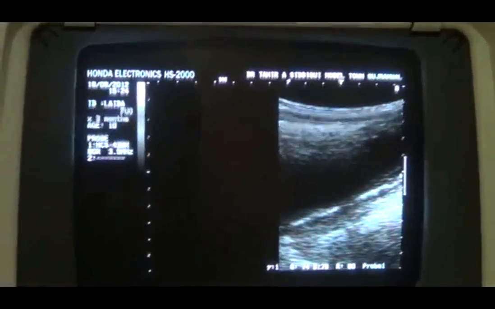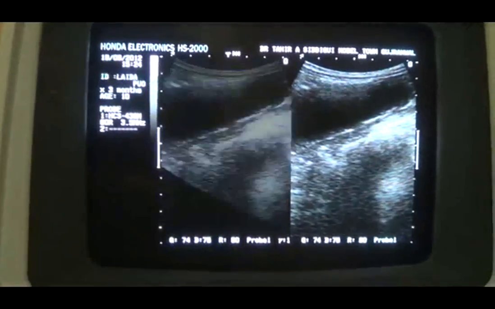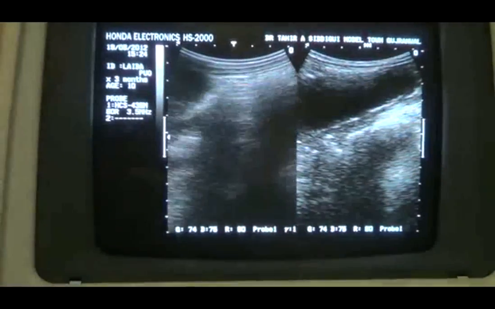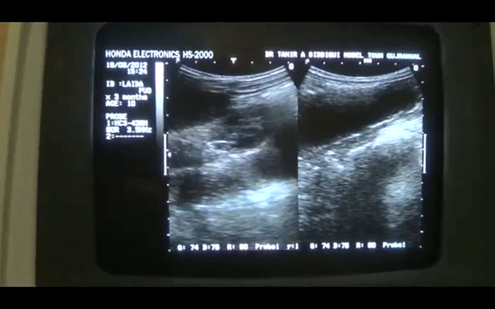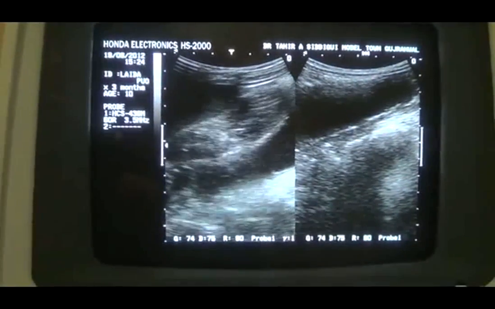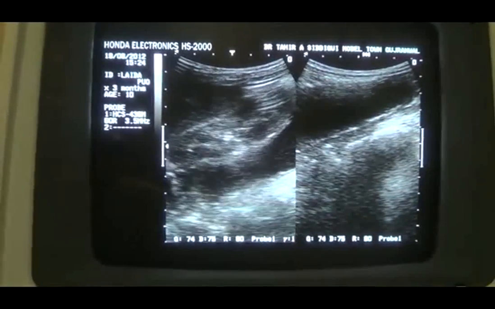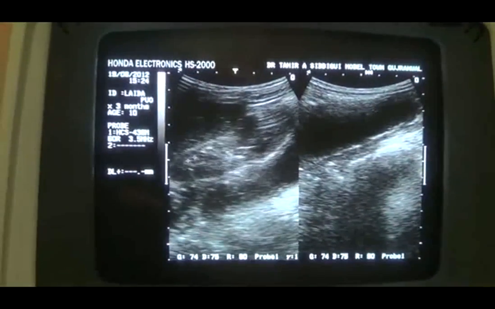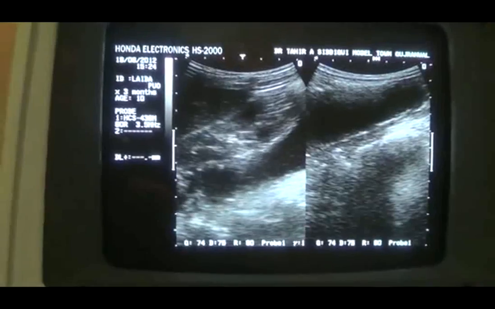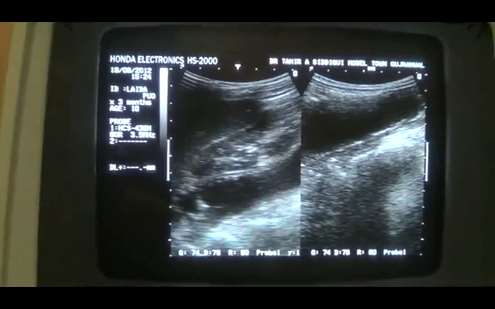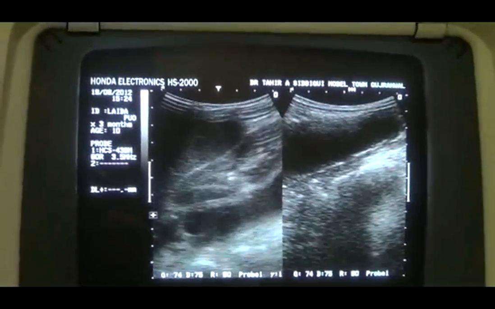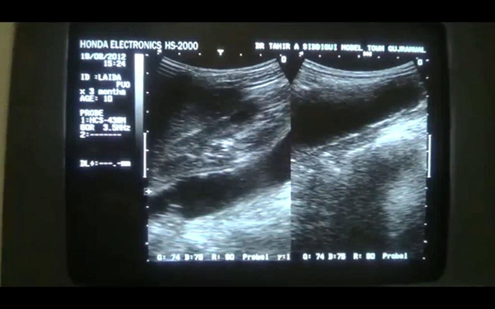Now I'm going upwards, and you just see that, magnifying, same, going upwards as I showed you, and you can see that the left kidney is gliding over. See the movement of the left kidney. This is the left kidney, and you can see that it is gliding over this cystic area.